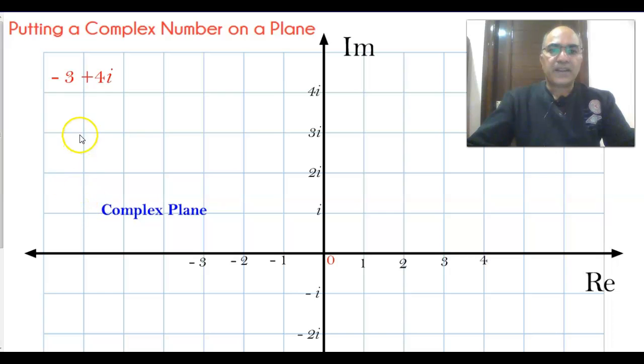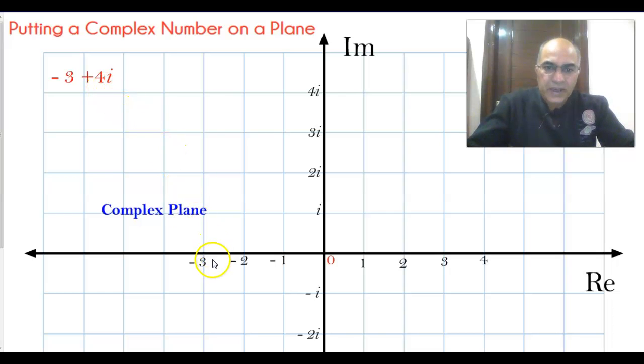Now represent minus 3 plus 4 iota. Minus 3 plus 4 iota is represented at this point. On real axis it is minus 3 and on imaginary 4 iota.